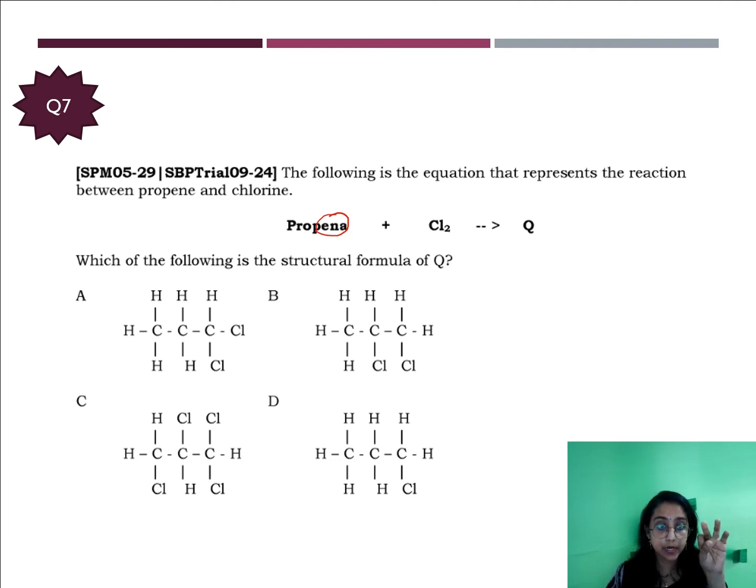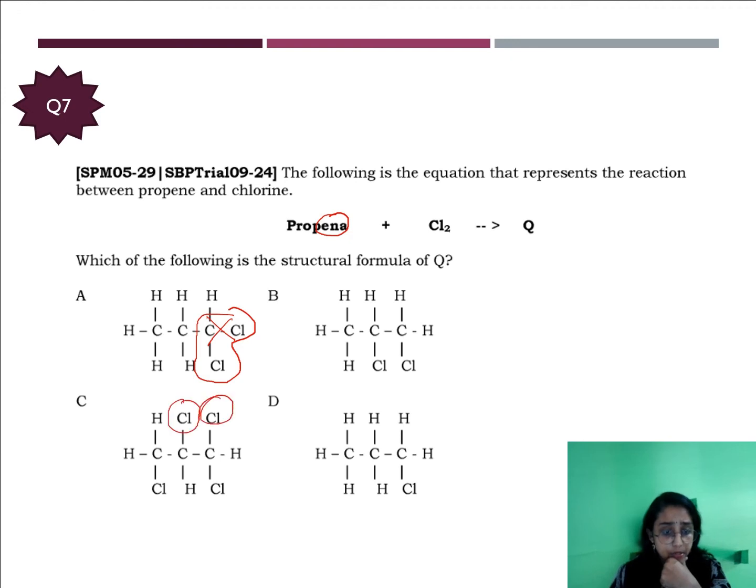So most likely carbons 1 and 2, because it can come either way around, so those 2 carbons will subsequently be added with Cl. So if you look at A, the Cl is added to the same carbon, which is a wrong concept. Now if you look at B, these are 2 carbons side by side, each added with Cl. Okay, it could be the answer, but anyhow let's check C.